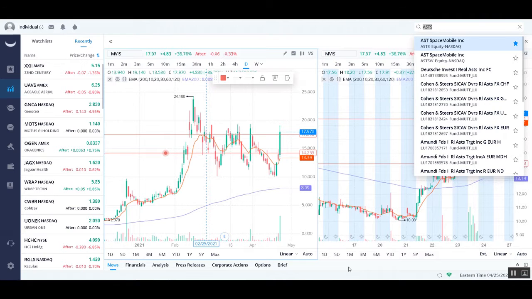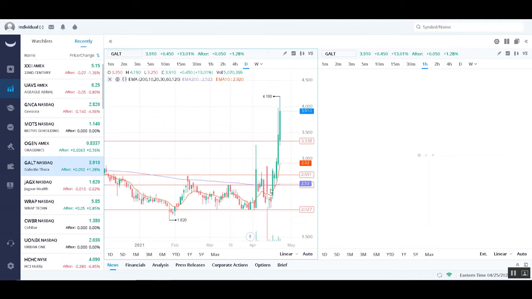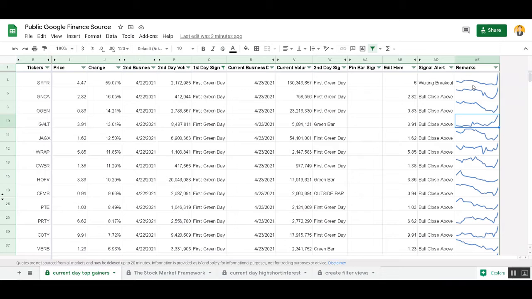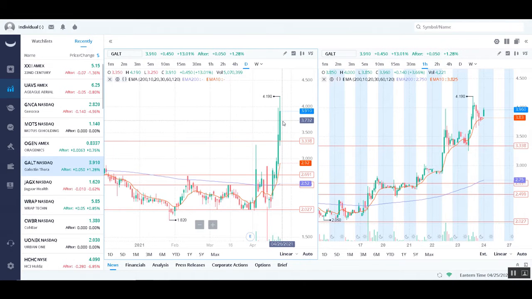GALT. As shown here, the market breaks all resistance, and the only option that you are left with is a pullback.